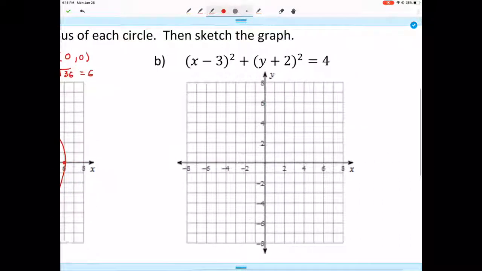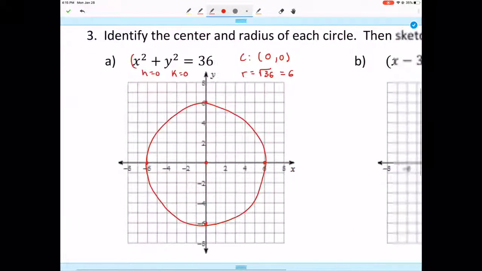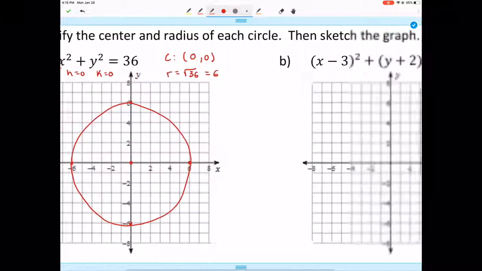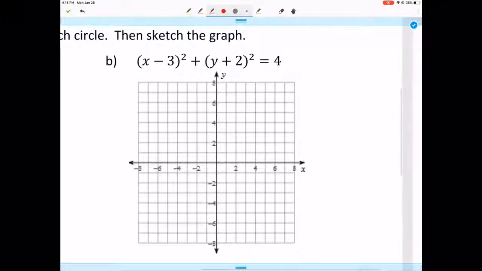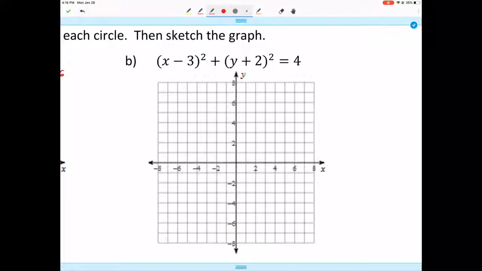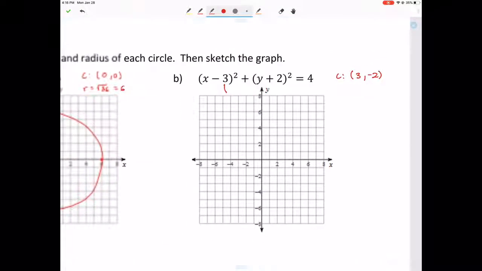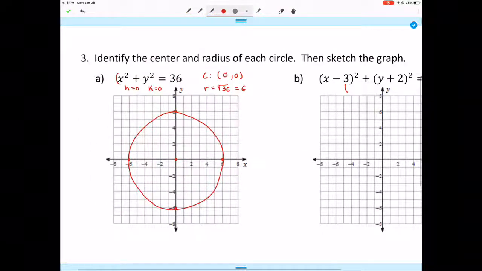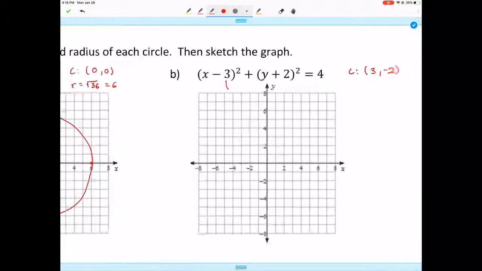All right, so next one, if you feel like you've got this so far, just pause it and see what you can do by yourself. I'll just keep going. Here the center is 3, -2, because remember when you take something out of a parenthesis, it switches the sign. We didn't have to worry about switching the signs in the last one because we didn't have a parenthesis.